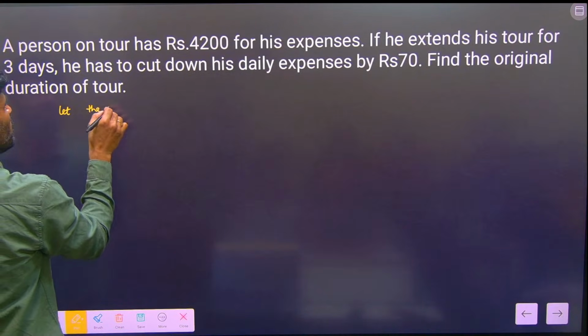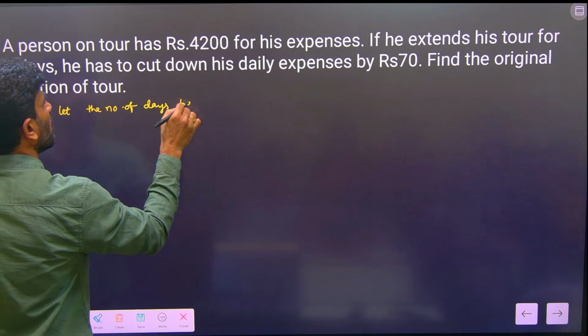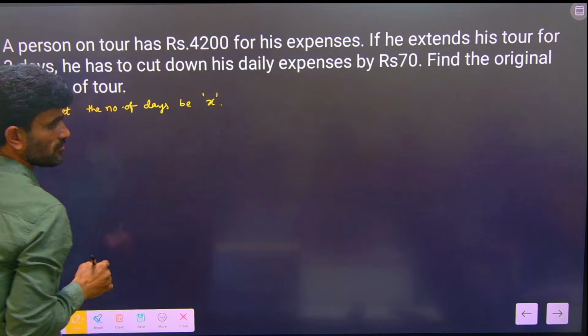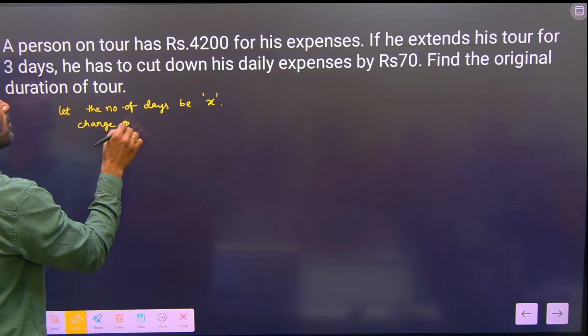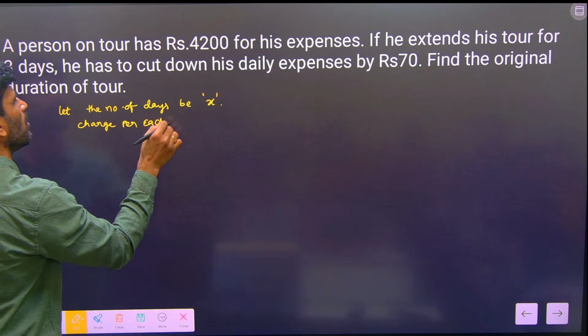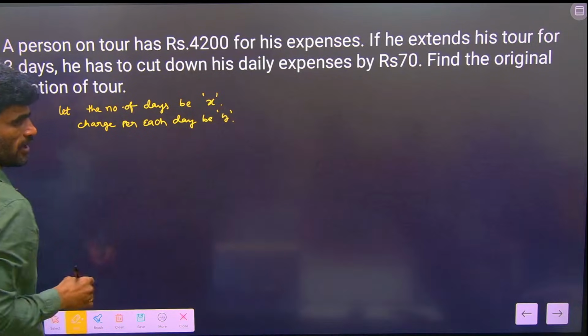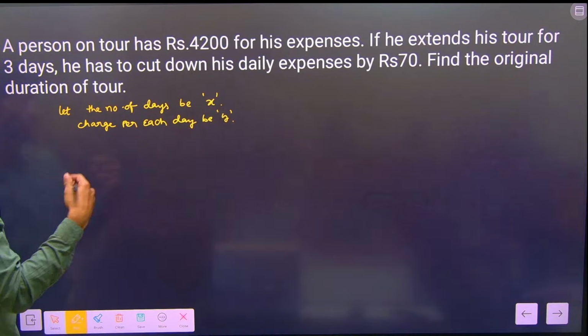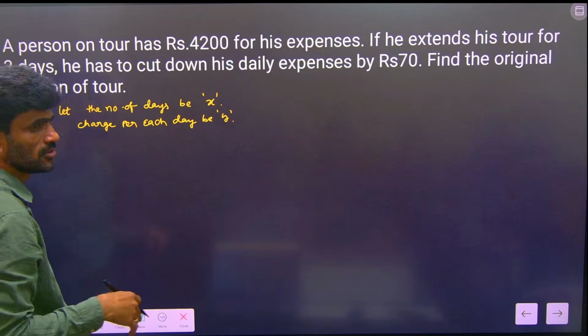Let the number of days be x. Charge per each day be y. And what is the total charge? How do we find it? Number of days into charge per each day.